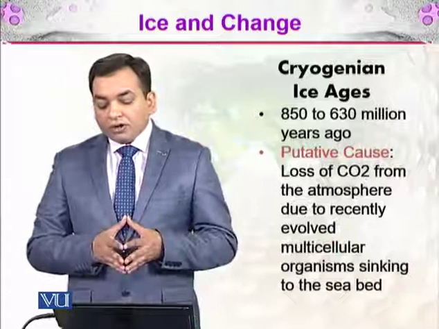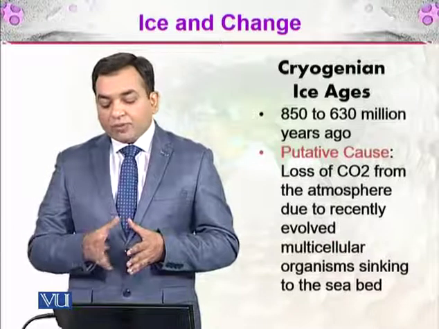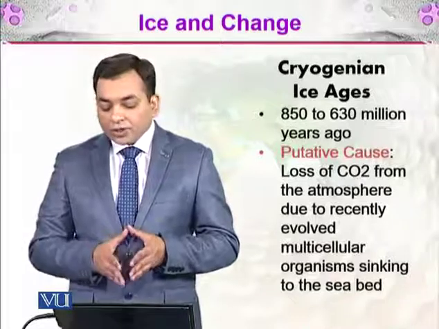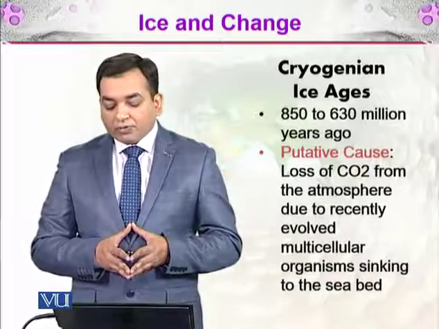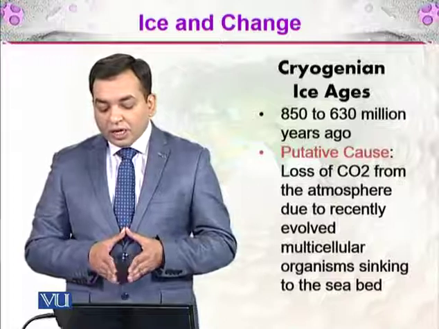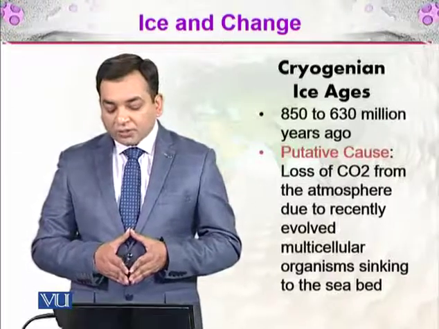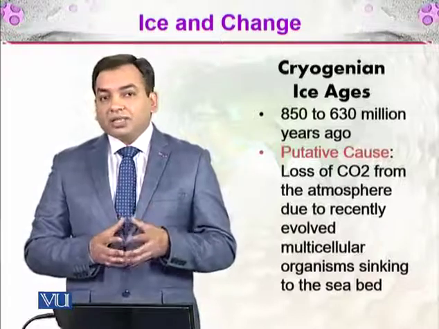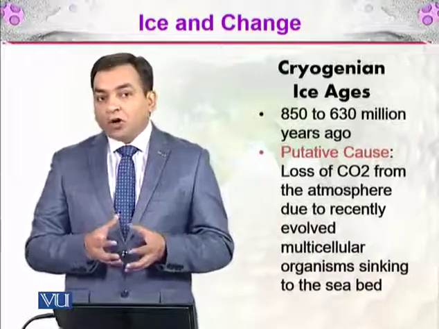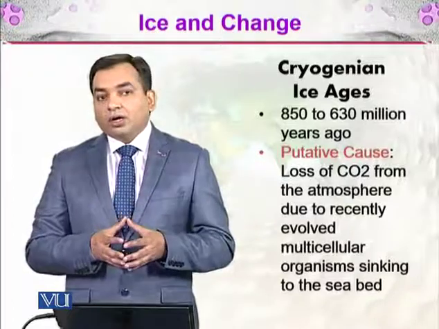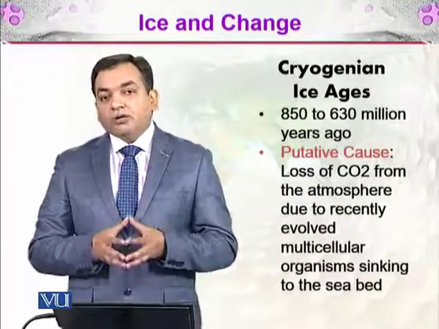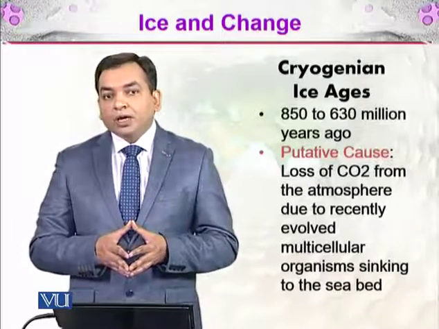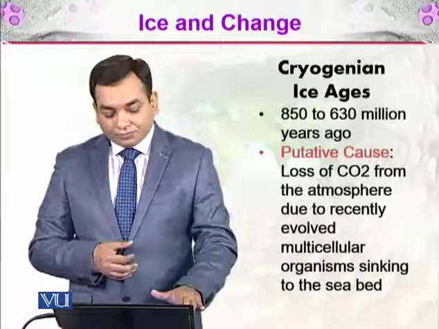Then there are the Cryogenian ice ages, from 850 to 630 million years ago. What were their putative causes? Loss of carbon dioxide from the atmosphere due to recently evolved multicellular organisms sinking to the seabed. When the carbon dioxide is lost, the global warming effect is gone, which results in plummeting global temperature and an ice age.